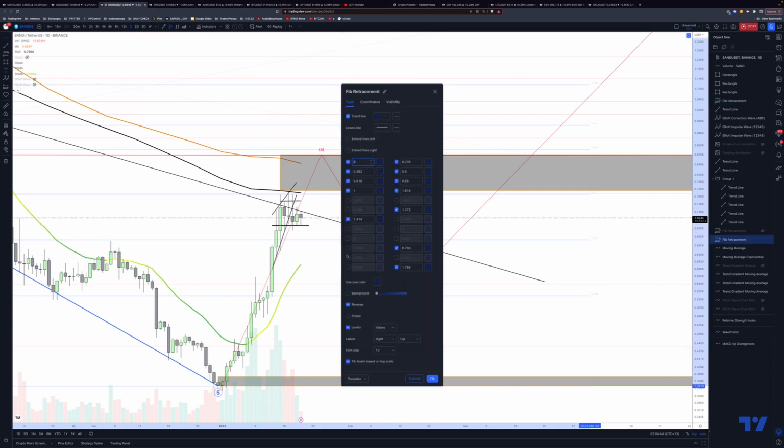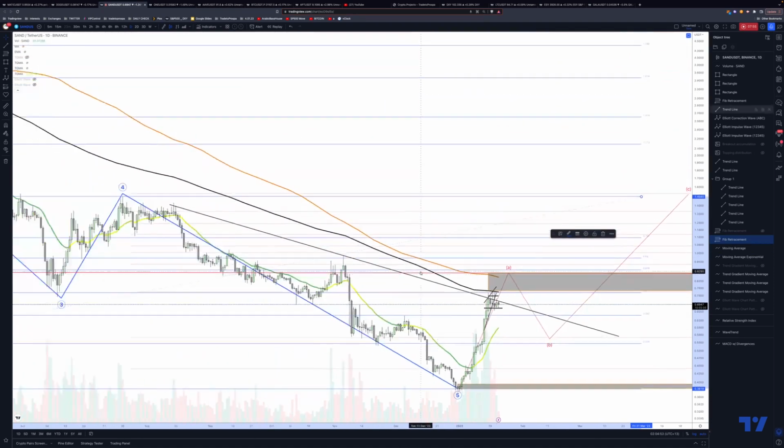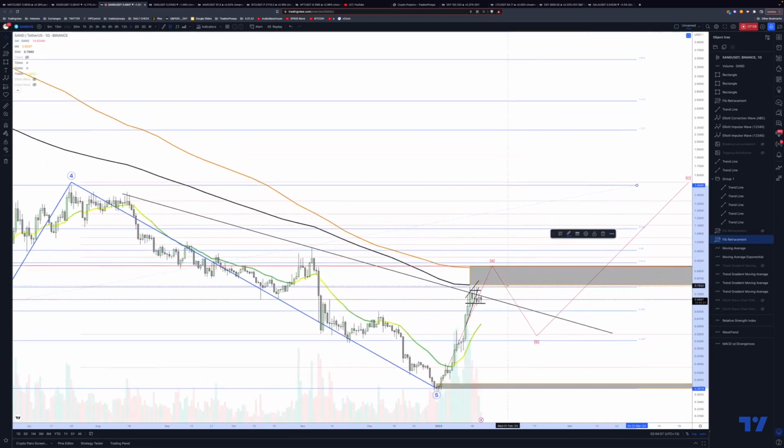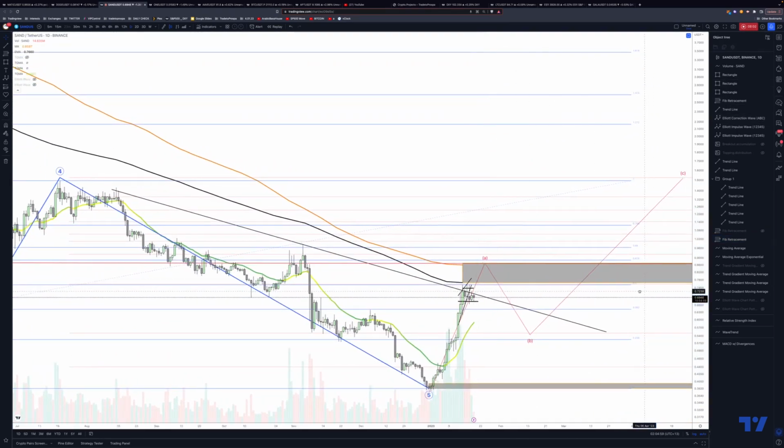And the blue, I'll just make it a bit darker. So I think the blue was our current resistance band. So that's my strong resistance band.